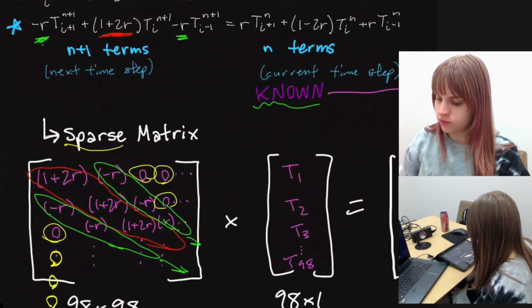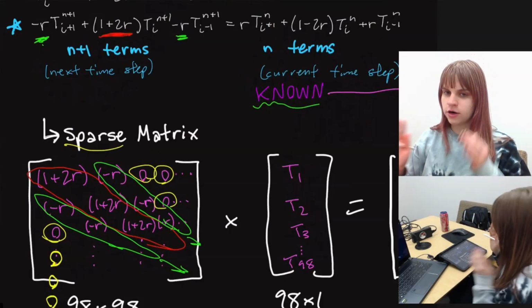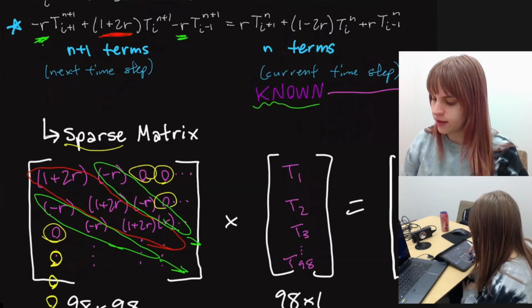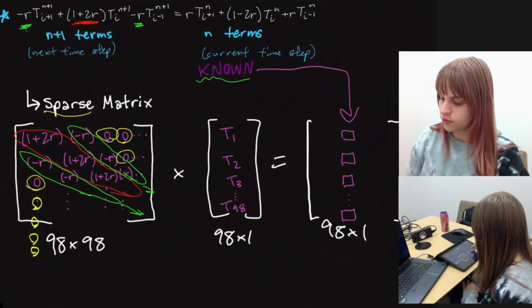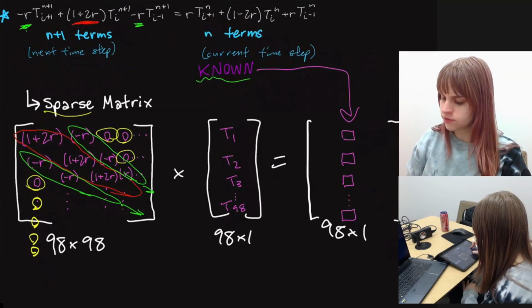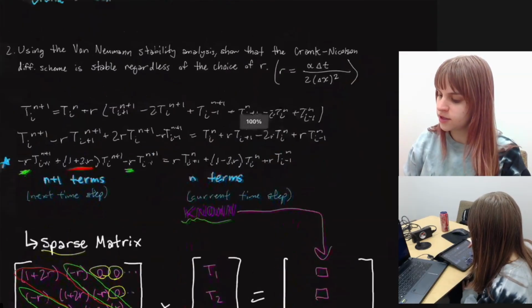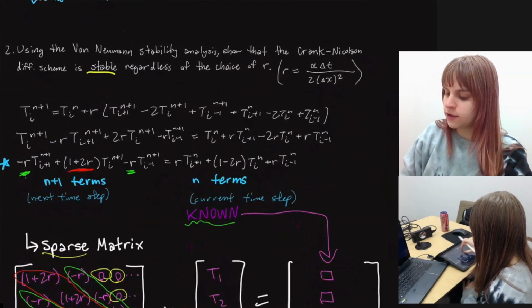Basically, this 1 plus 2r is at the current node, and the negative r is at either the node to the left or to the right, and that helps us simultaneously solve for all of these values at once. And now what we really wanted to do was show the stability regardless of the choice of r.